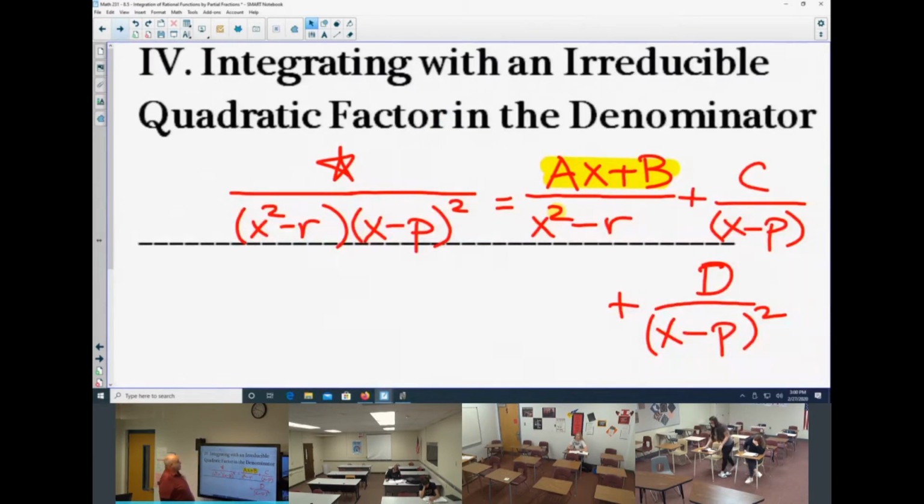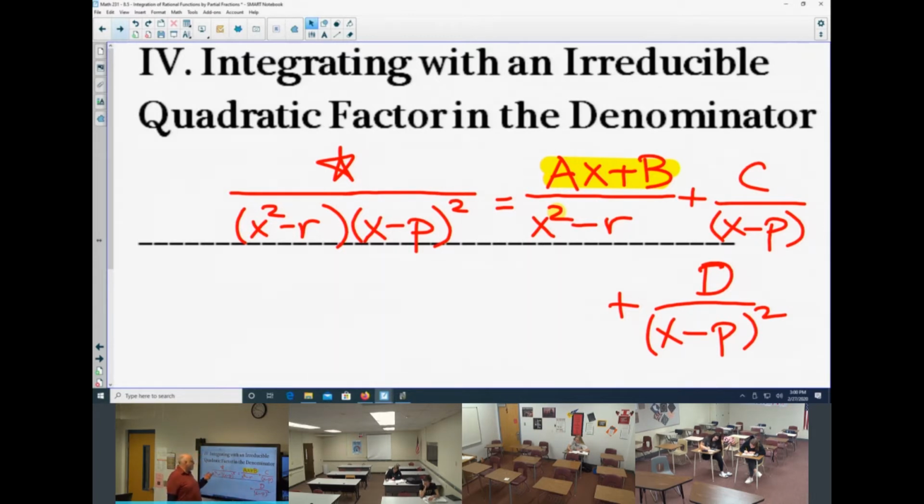Okay, so now we're going to go to the next part. Integrating with an irreducible quadratic factor in the denominator. So now this is different because, see, when we have our linear factors like x minus p, then it's just c over x minus p.